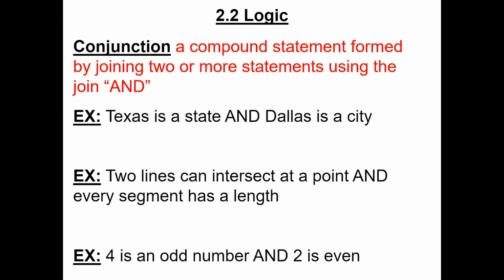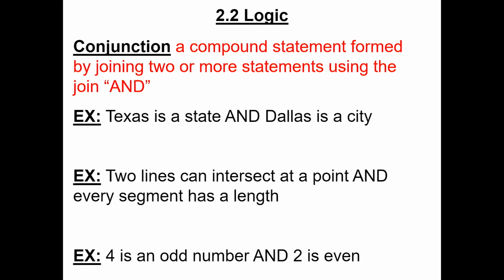So for example, Texas is a state and Dallas is a city. Here we're joining the statements Texas is a state and Dallas is a city. We put them together with the and. All together, that's one whole new statement. Since both of those are true, yeah, this is a true conjunction.